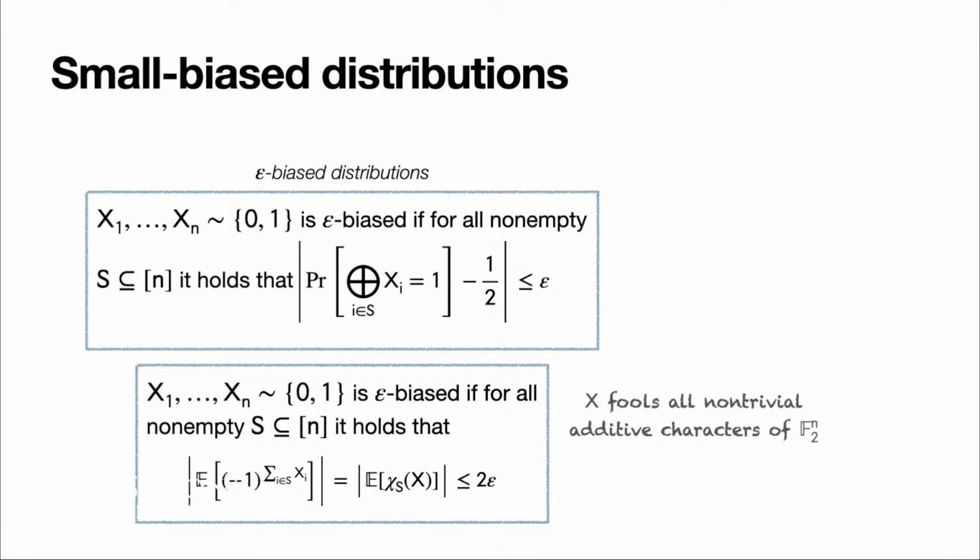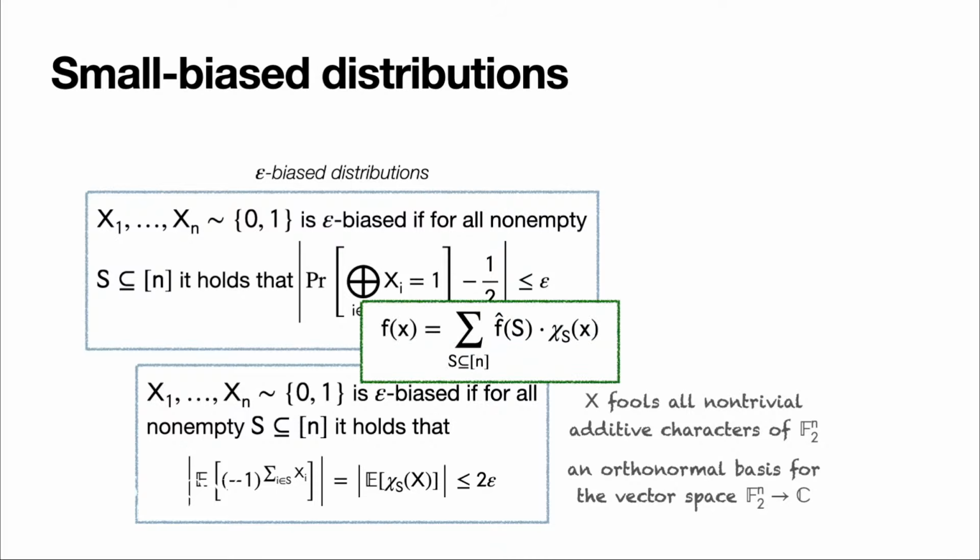Make sense? This is a way for me to introduce the Fourier coefficients, because the additive characters form an orthonormal basis for the vector space of functions from F2 to the n to C. So it means that I can write any function f as a sum of f hat S, the Fourier coefficient of the function, times chi S of x.